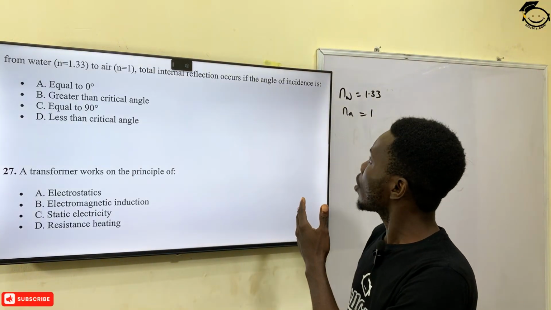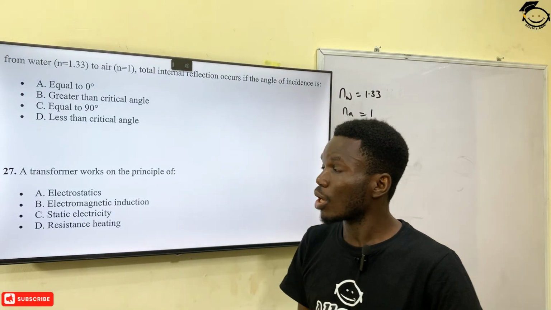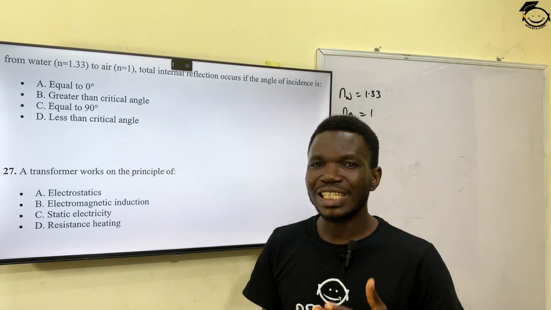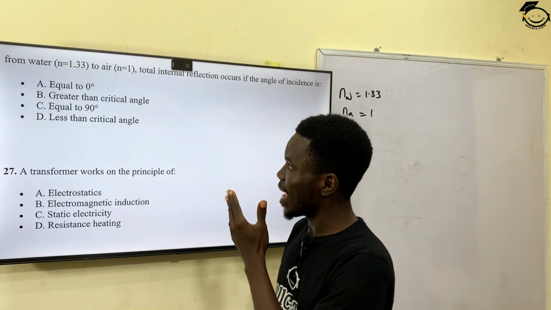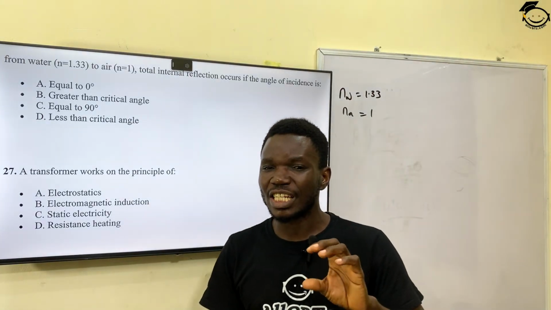So we are looking for the total internal reflection. What happens to the total internal reflection when light travels from water to air? Because water is a denser medium than air, the total internal reflection is going to be greater than the critical angle.